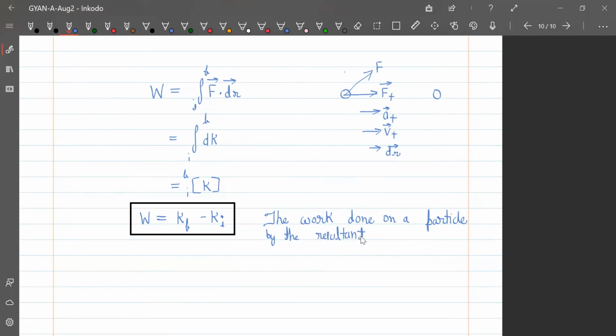The work done on the particle by the resultant force is equal to the change in its kinetic energy. बहुत ही simple सा equation है, simple सा relation है, and we have derived it from the basics, and this whole thing is called work energy theorem.